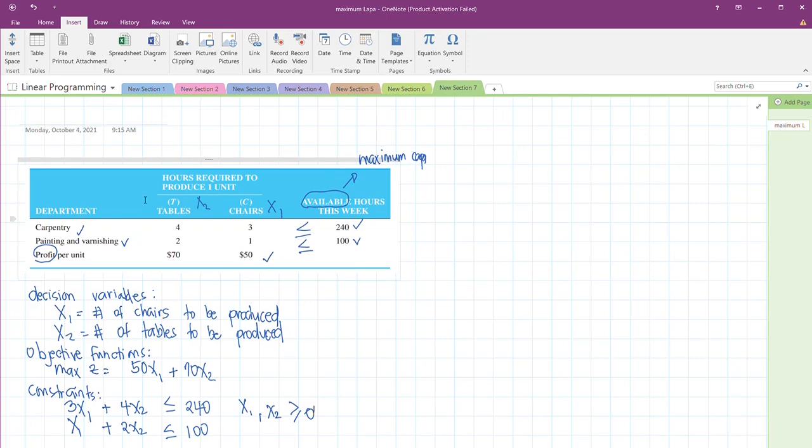Mostly, I will give the formulation, and you will focus more on the graphical.